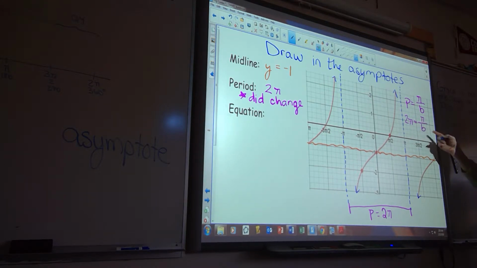If mental mathing this is just confusing you, remember cross multiplying always works. Pi equals 2 pi times b. So what does b have to be? Divided by the 2 pi, half. Right? Pi divided by 2 pi, the pi's cancel. So 1/2 is equal to b.